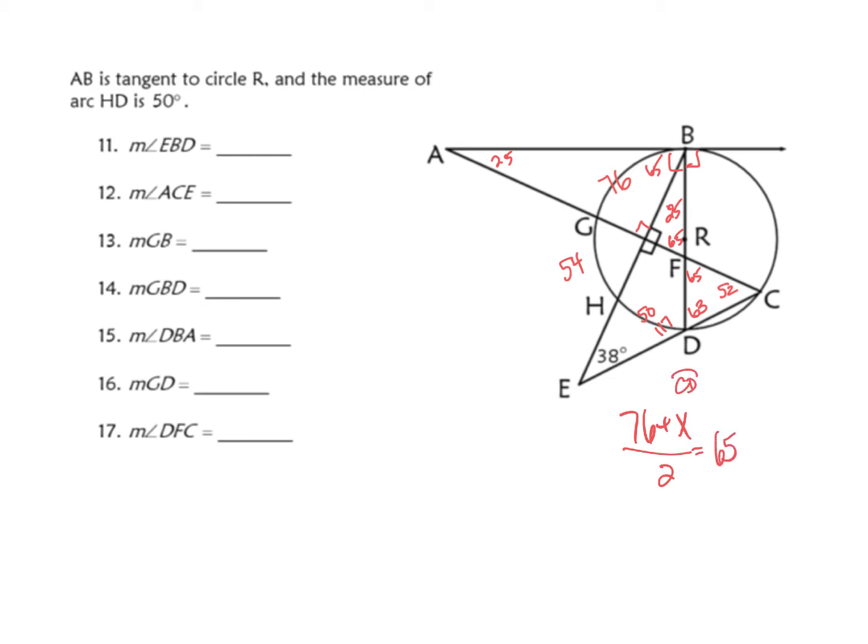So I have 76 plus x equals 130. Subtract 76 and I get 54. Or I could take 180 minus 54 to get that last arc. 180 minus 54 gives me 126.